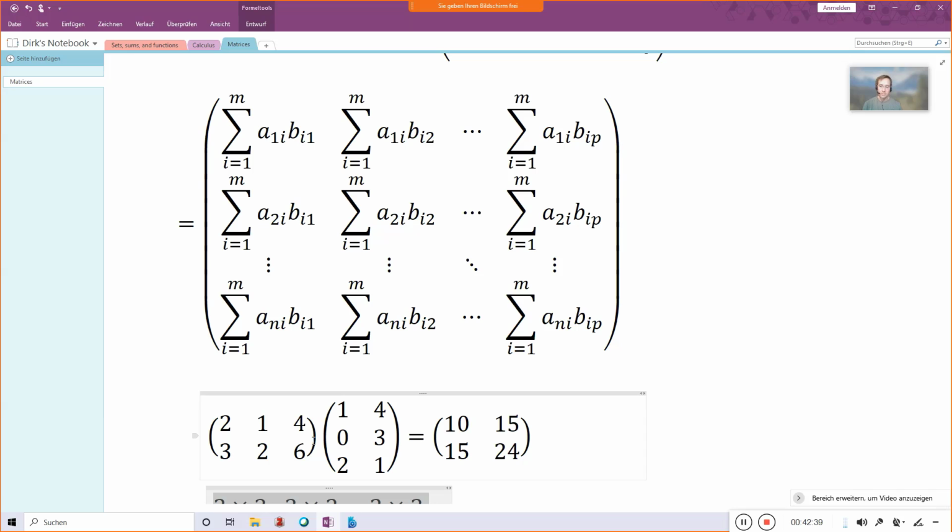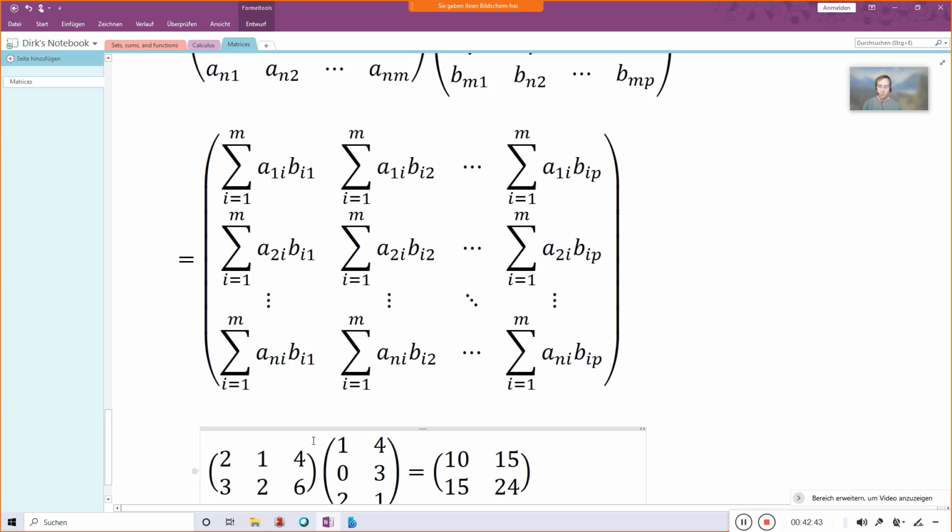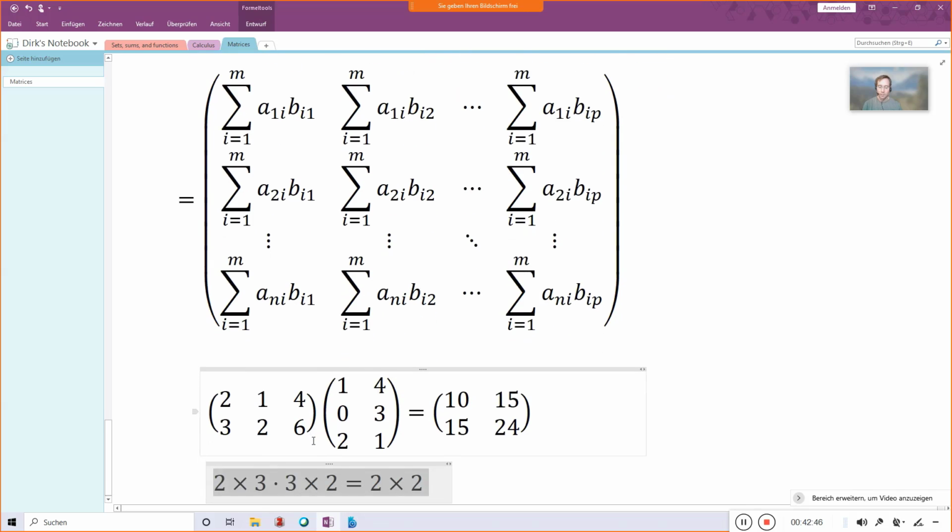So for us, matrices are really a way to write linear models that we have already seen in the first lecture.